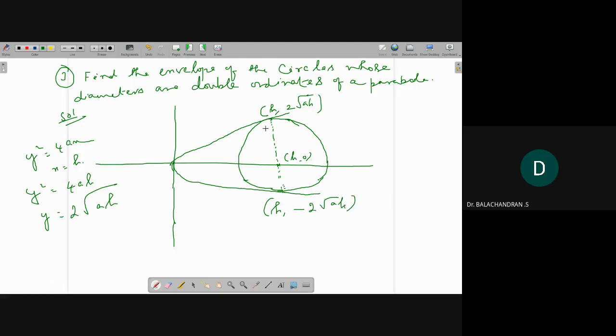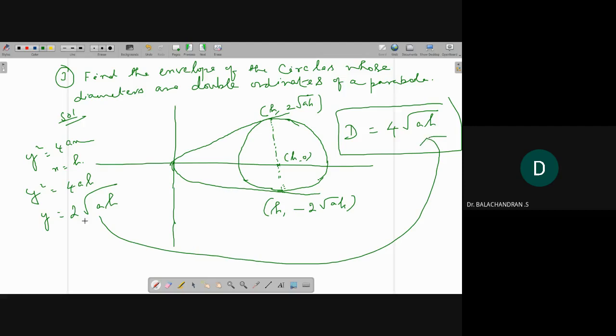So the diameter of the circle is 4 root ah, that is twice the ordinate, and that is given in the question: find the envelope of circles whose diameter is double the ordinates of the parabola.